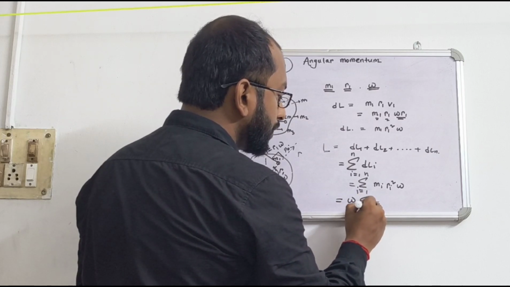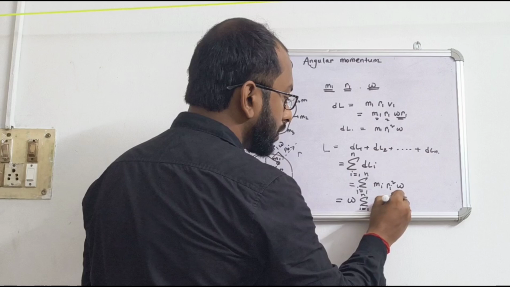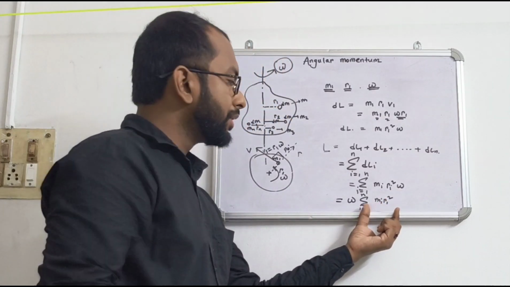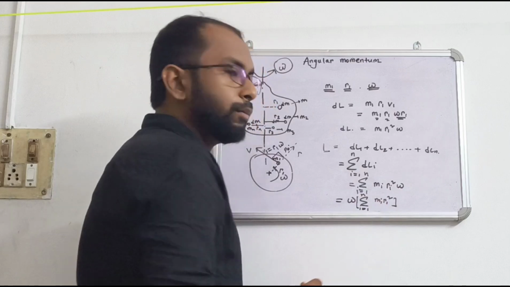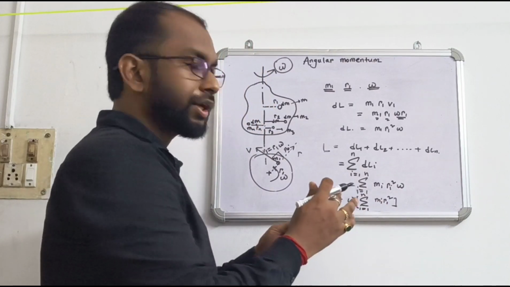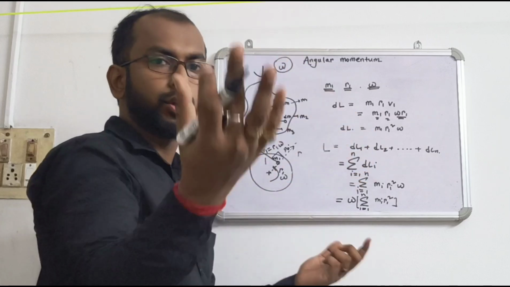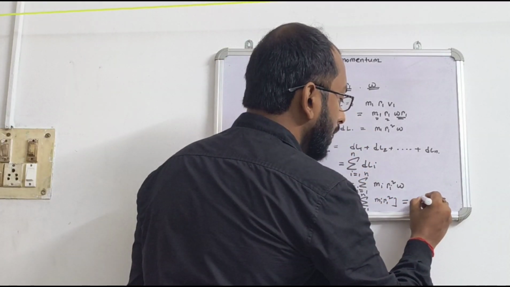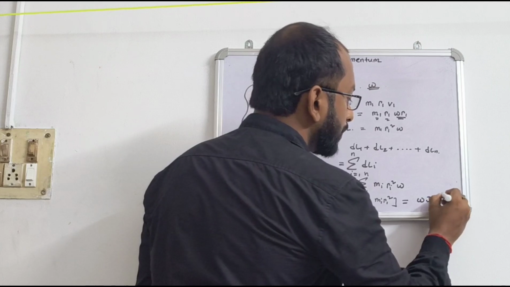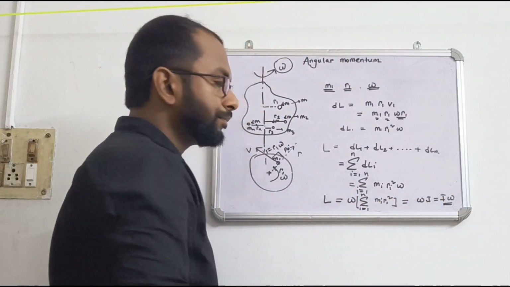We will be only left with mi ri square. Now see, this part is the moment of inertia. Moment of inertia is summation of mass into the distance from the axis square. So we can write omega into I, or we will write I omega. That is equal to the total angular momentum.